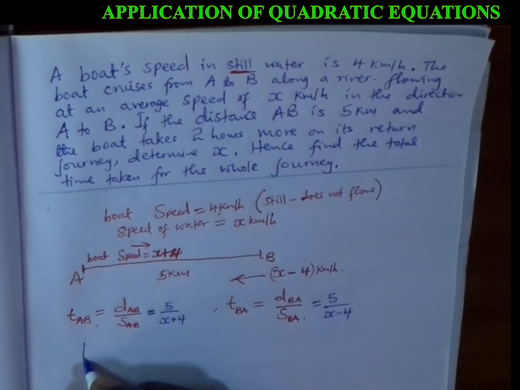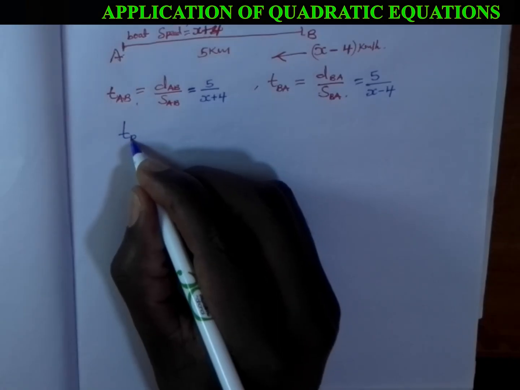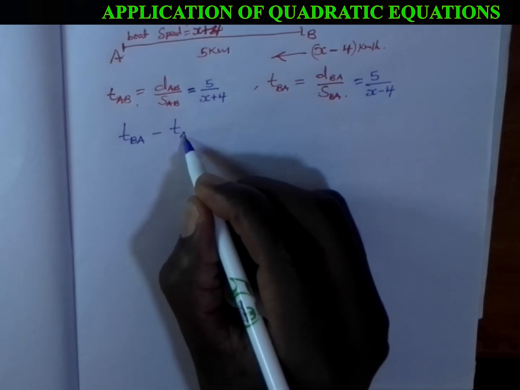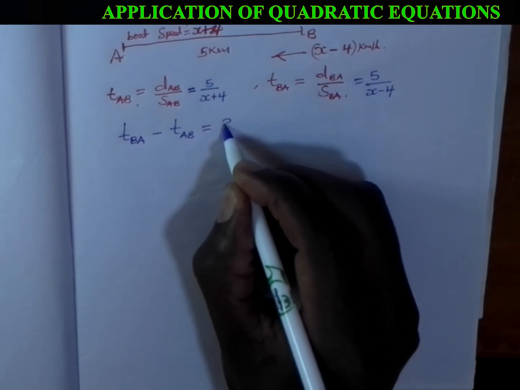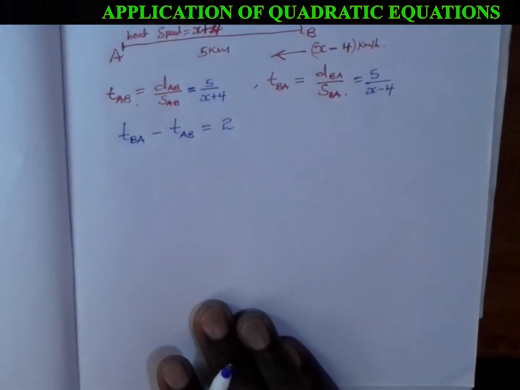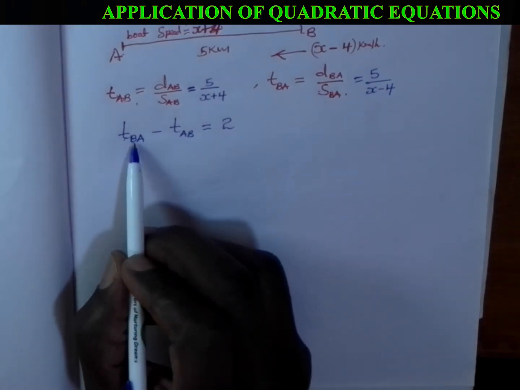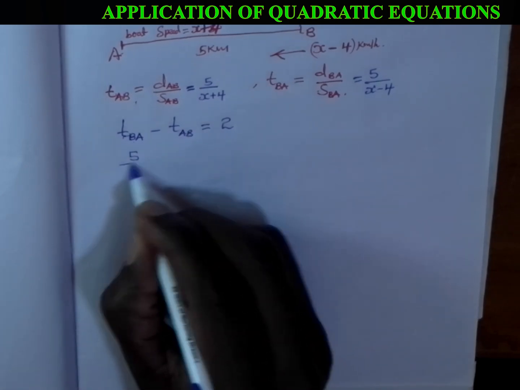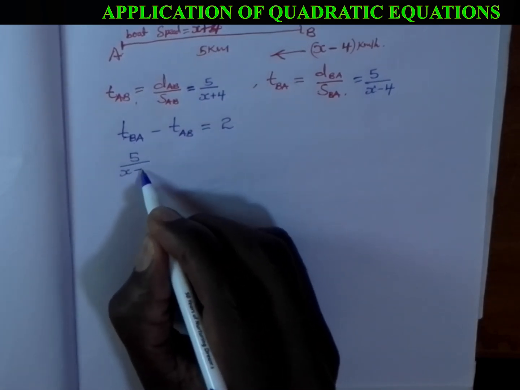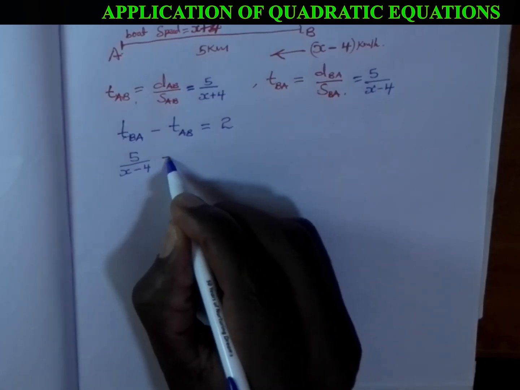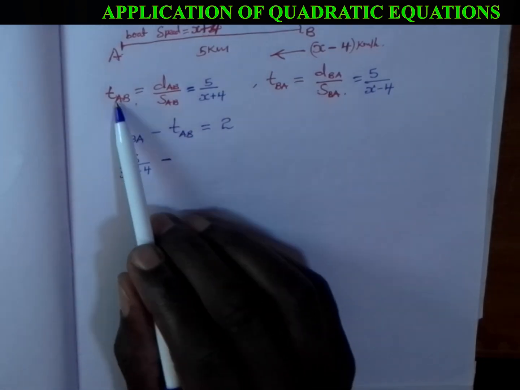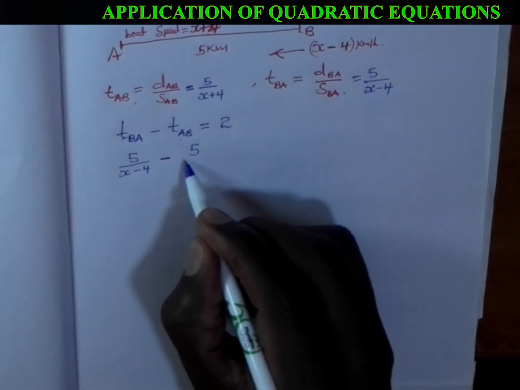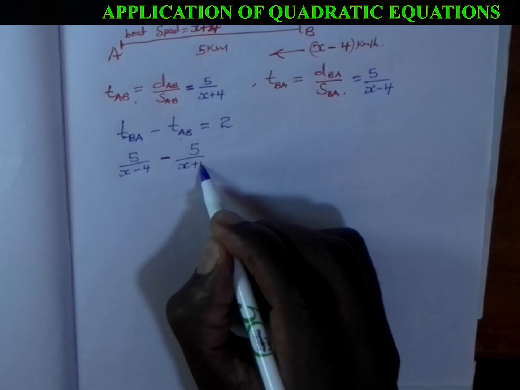That means the time taken from B to A minus the time taken from A to B will be 2. But since we know the time taken from B to A is 5 over x minus 4, then minus the time taken from A to B, which is 5 over x plus 4.